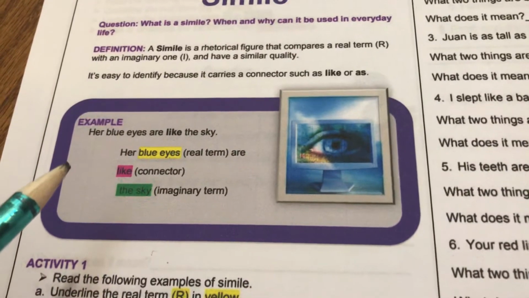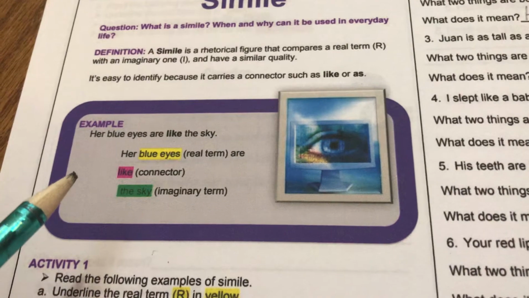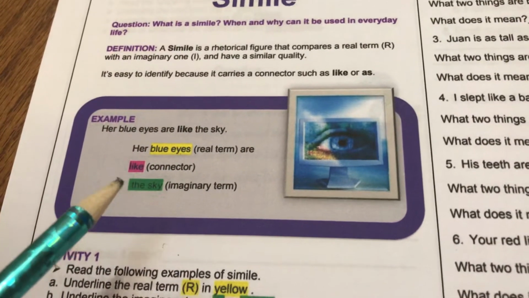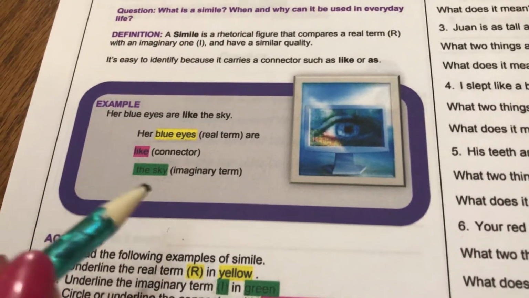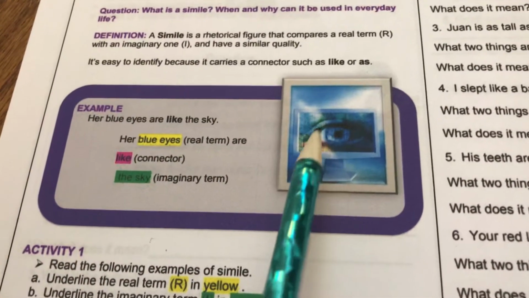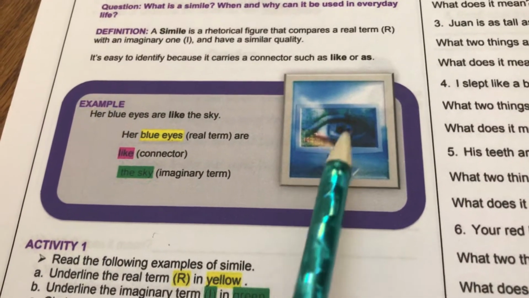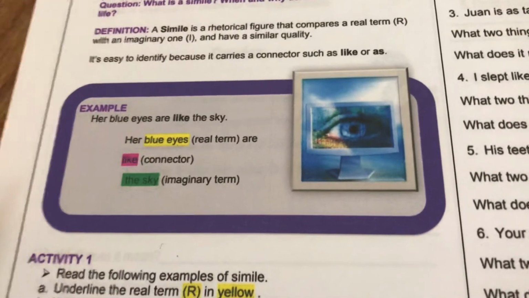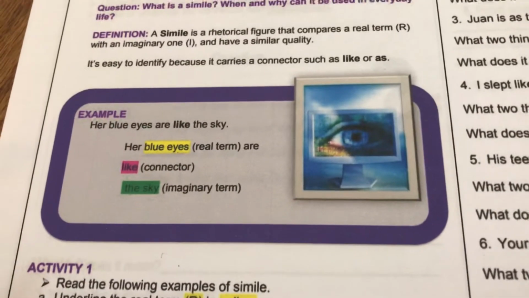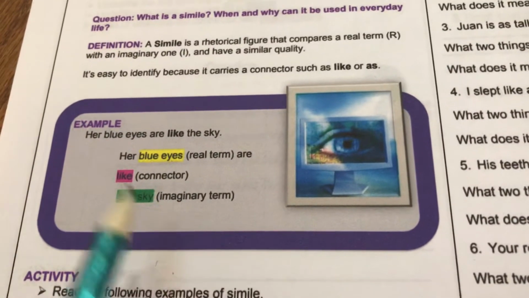So the sky can be different colors, and really your eyes cannot be any of those colors, right? Your eyes can be blue, but that's about it. And you have a little bit of white in this picture of this eye right here, but your eyes can't really have the shape of clouds, right? So that's what makes this imaginary.